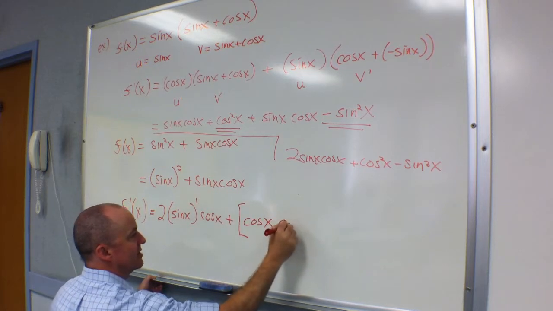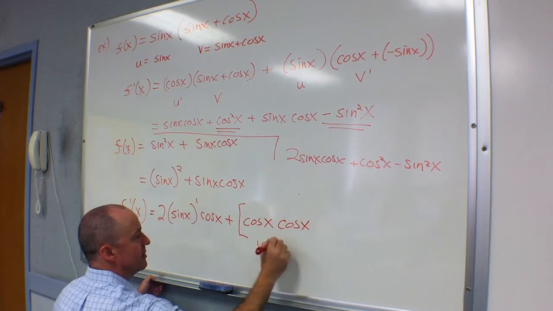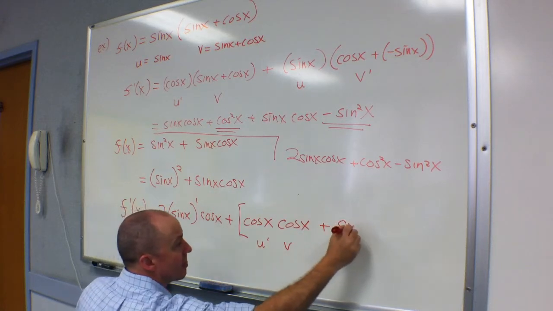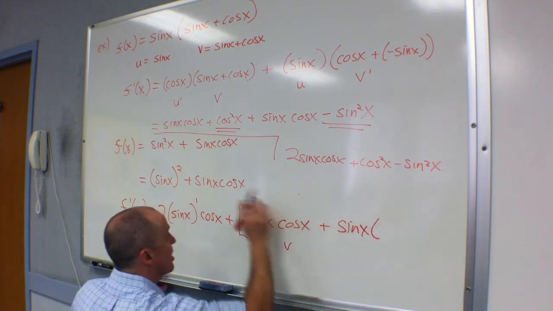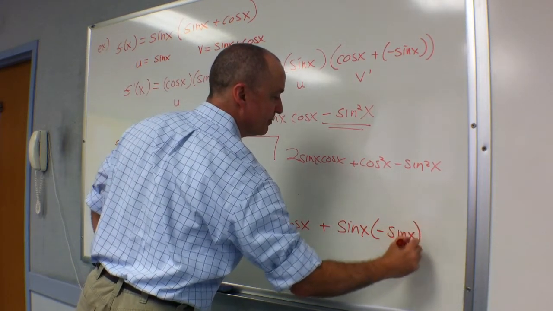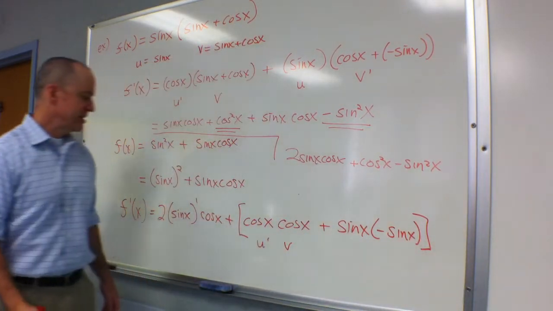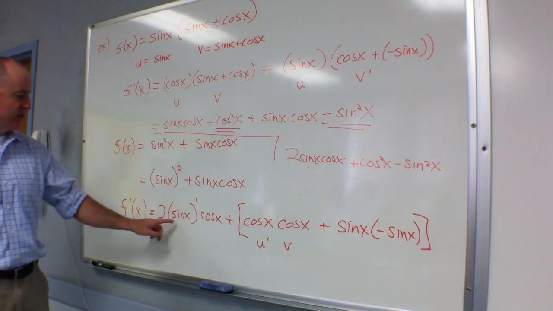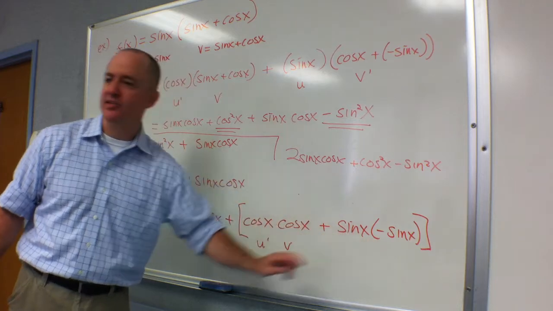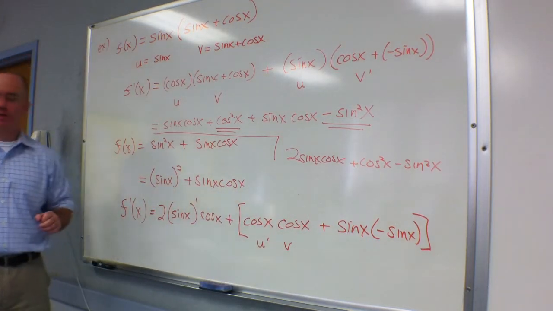U prime v becomes cosine cosine plus u v prime, derivative of cosine is negative sine x. And can you see in another moment we'd have 2 sine x cosine x plus cosine squared minus sine squared. We'd have the exact same answer as up above.